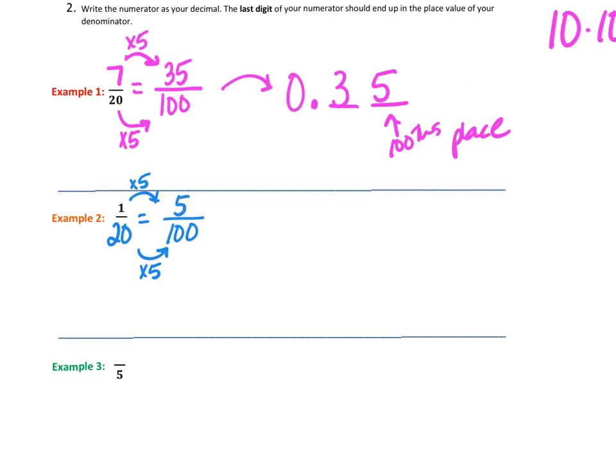So now I have 5/100 that I'm going to convert into a decimal. Well, again, my hundredths place is the second digit over. So I need the 5, my numerator, to end up in the hundredths place. That means I need a placeholder 0 in between my decimal and my 5. So that says 0.05 or 5/100.